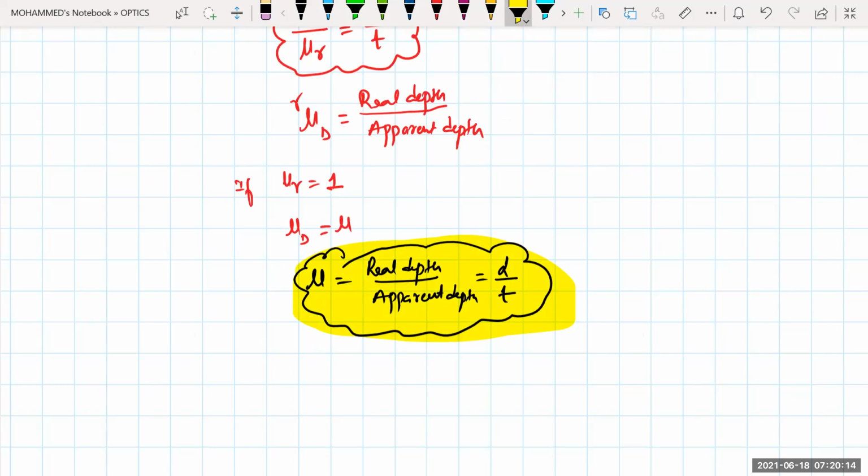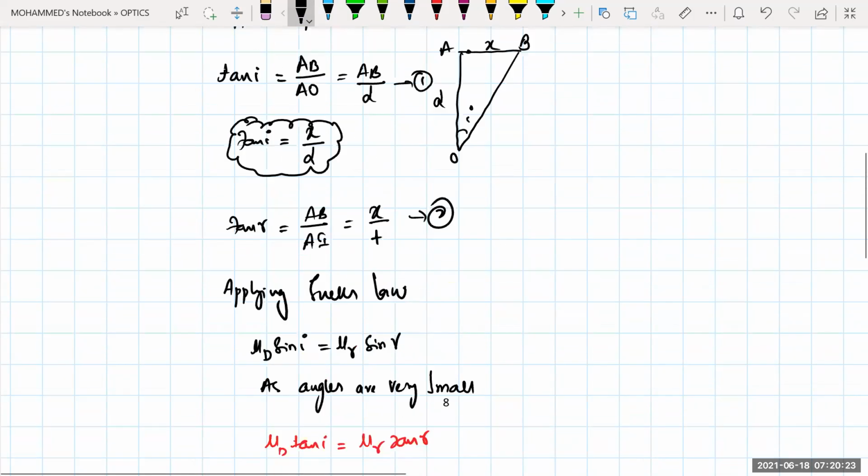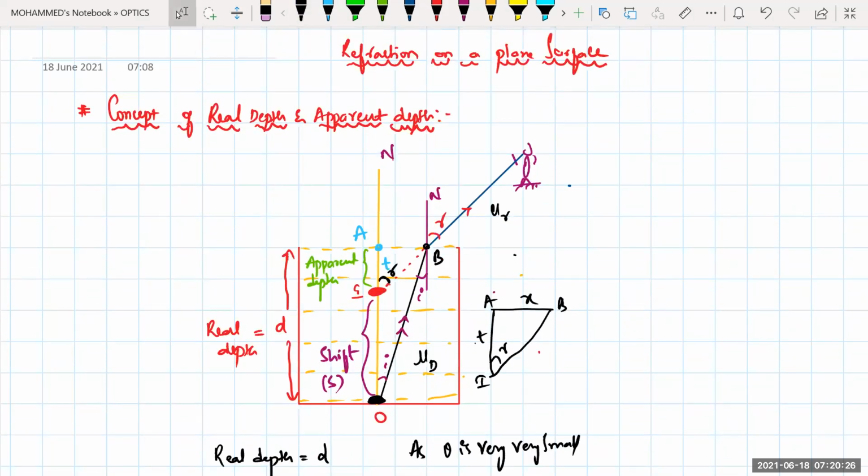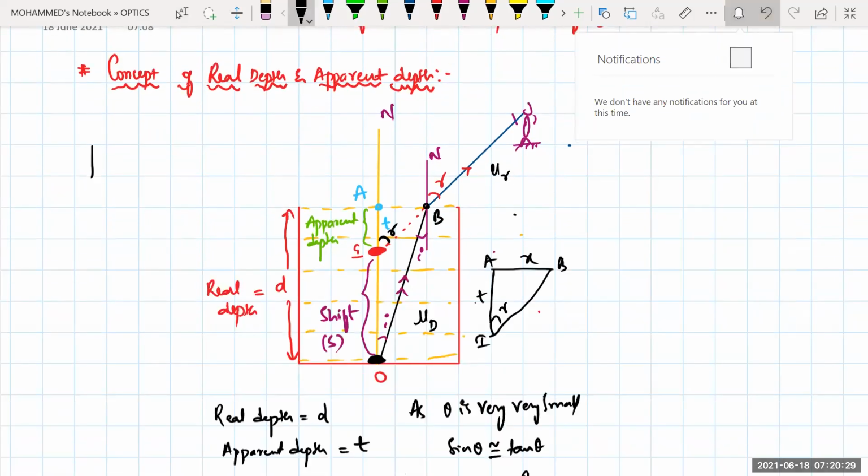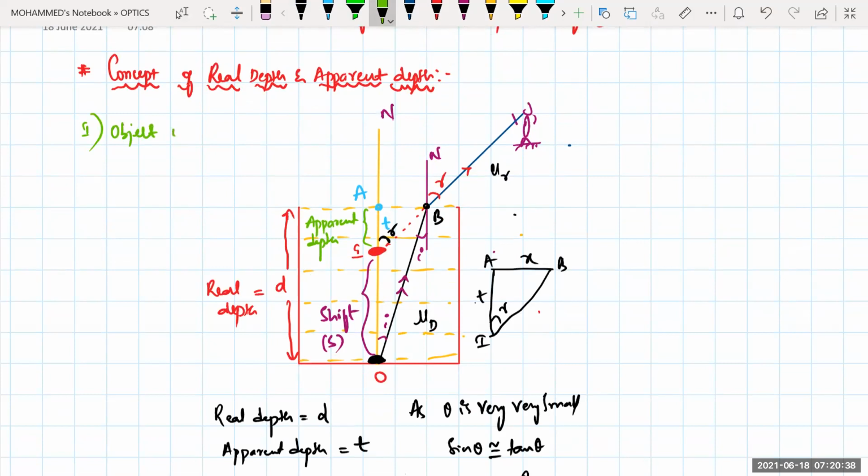This is case number 1, where the object is in the denser medium and viewed from the rarer medium.